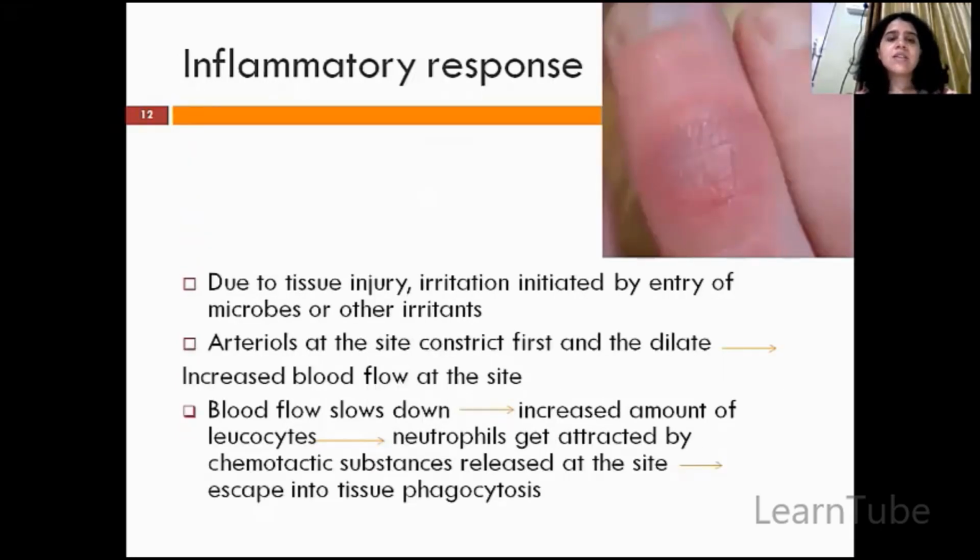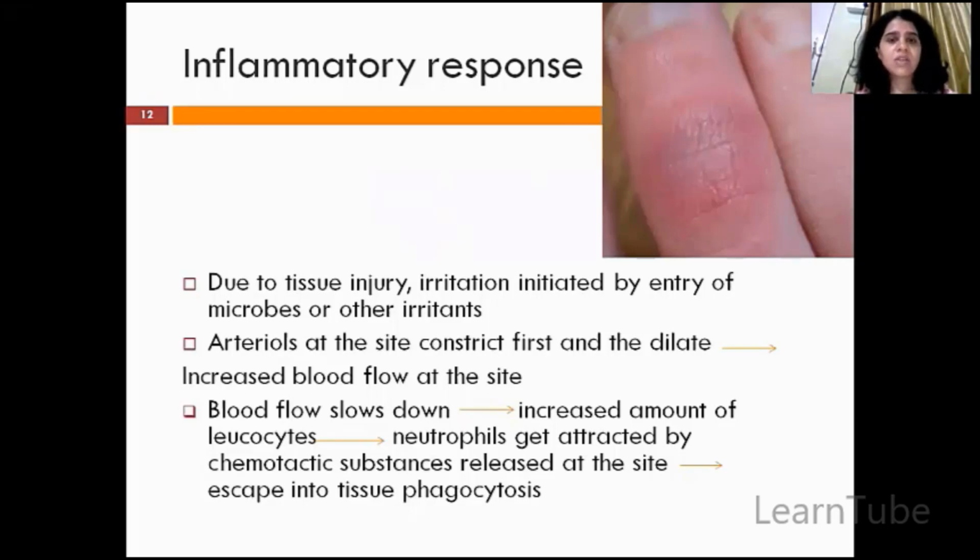And next internal defense mechanism is the inflammatory response. Whenever you have some injury, irritation takes place because a microbe has entered through the cut or wound or any kind of sting. Once that microbe has entered, the arterioles first constrict.